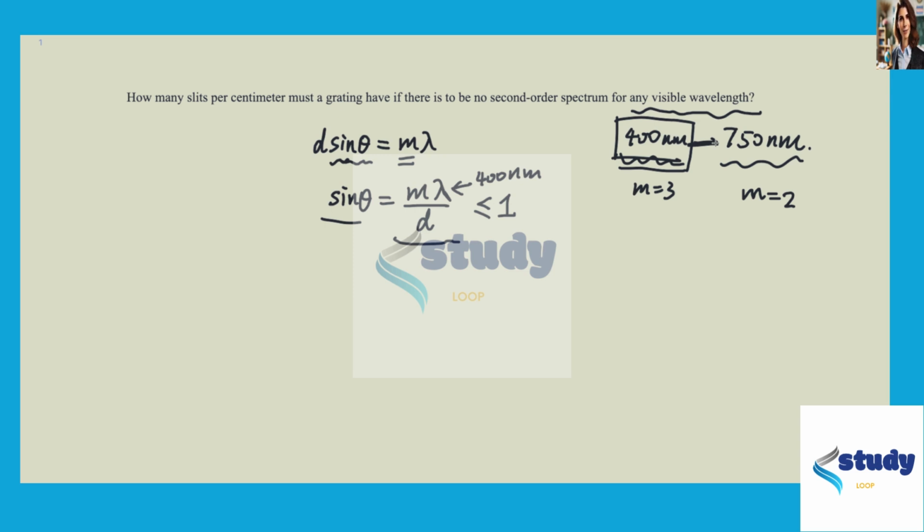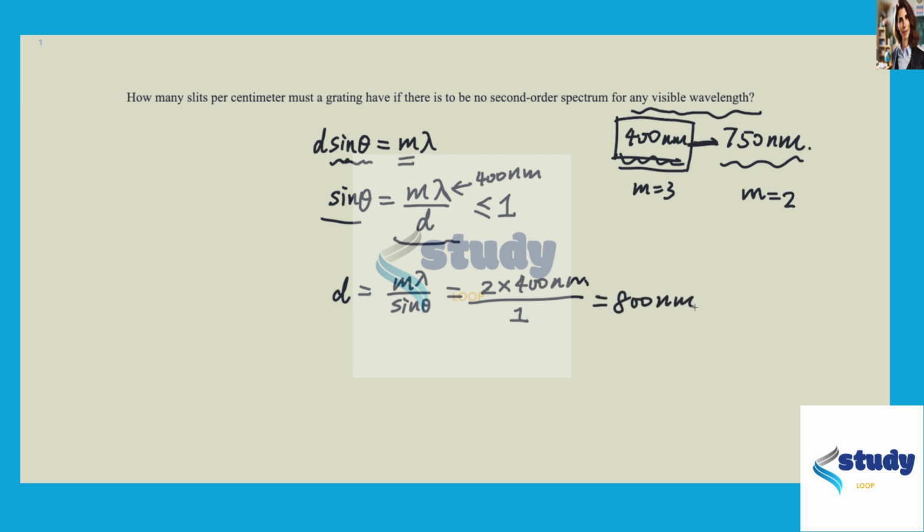So enough of that. Let's find the critical value for d, so that with that d we can just see the second-order spectrum for 400 nanometers. That d is m lambda over sine theta, equals 2 times 400 nanometers over 1, which gives us 800 nanometers.